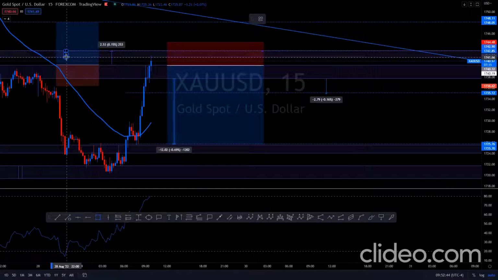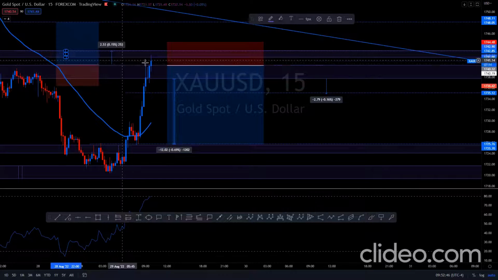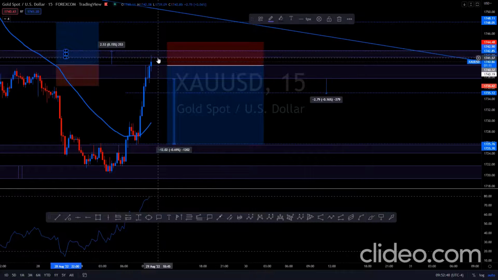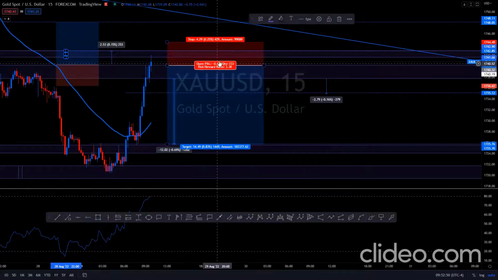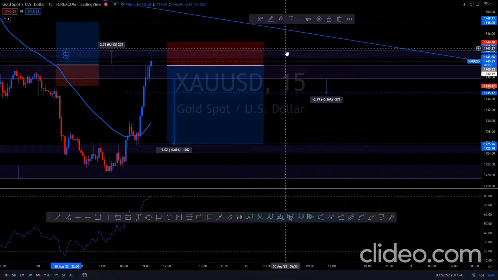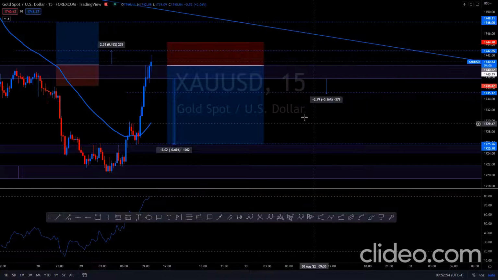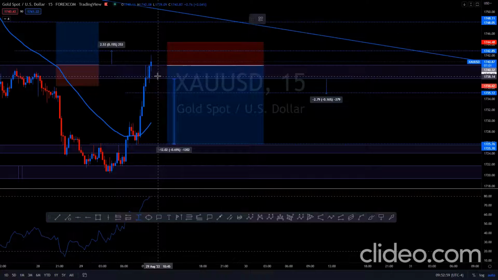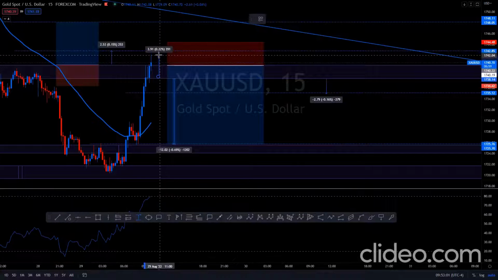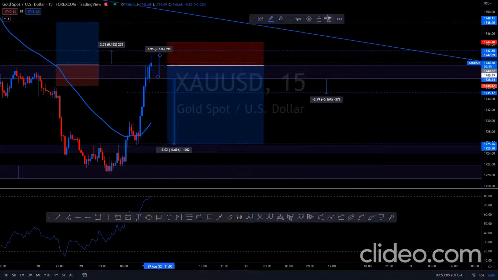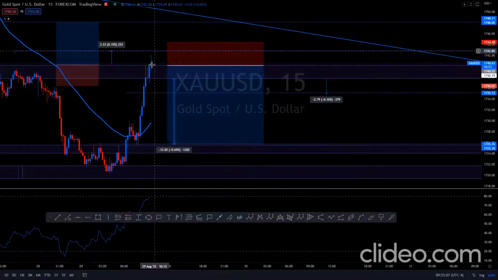So price is probably respecting the zone up here, and it's probably going to reverse down and hit down to here. So I'm going to do a back testing session on this. But we did get a decent amount. If I would have entered in here and went up to here, I would have got a decent amount from there, but that's okay. But I think there's a zone here.